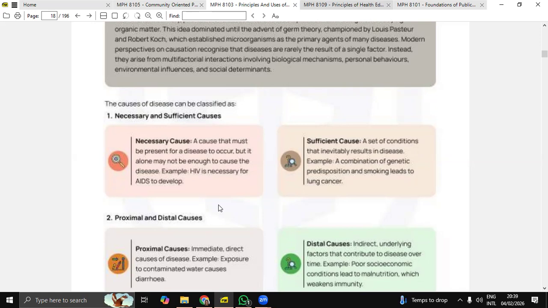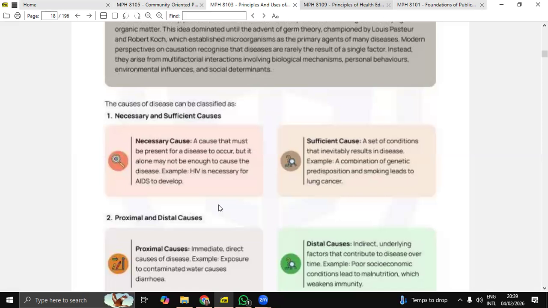So the first thing we are establishing with that example is that having that mycobacterium is not enough to cause the disease. Because, like I have said, there are people who are healthy. They are perfectly fine, moving all around. But if you check their respiratory system, you will find Mycobacterium tuberculosis.